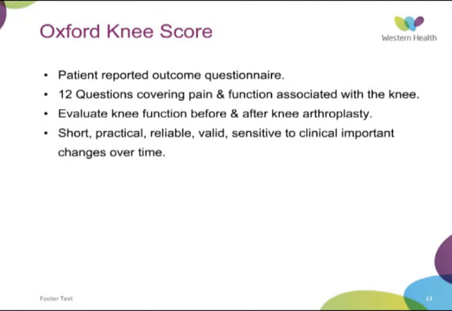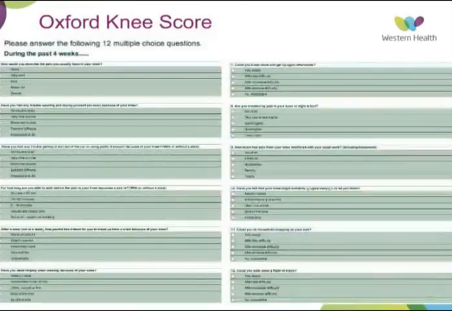It's aimed to evaluate the knee and the function of the knee before any treatment and also after arthroplasty, and we compare the results over a period of time. It's a short questionnaire, it's practical, reliable, and valid. And it's sensitive to clinically important changes over a period of time.